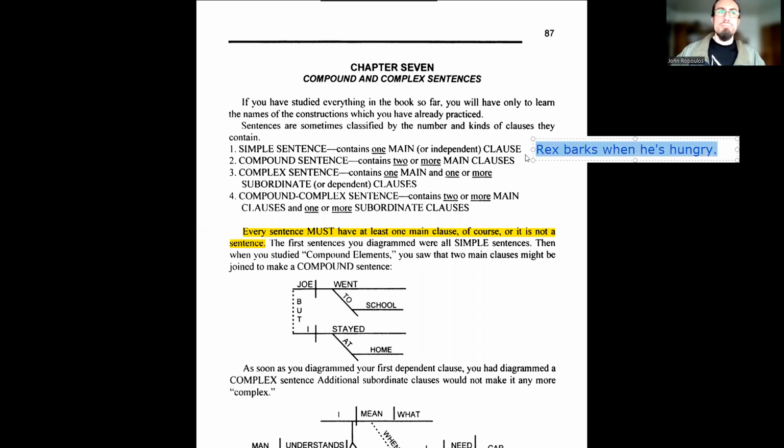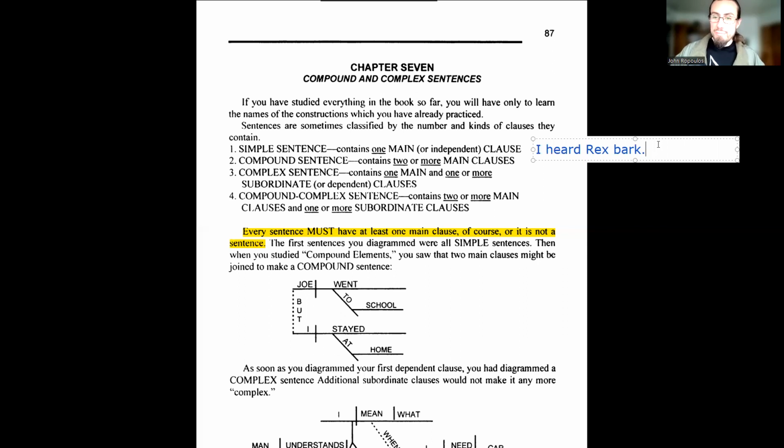I saw Rex bark. Or I heard Rex bark. So here we have an independent clause, I heard, and then the direct object, which is a noun clause, Rex bark. And that's a complex sentence.